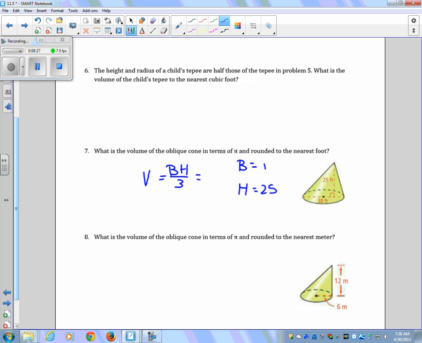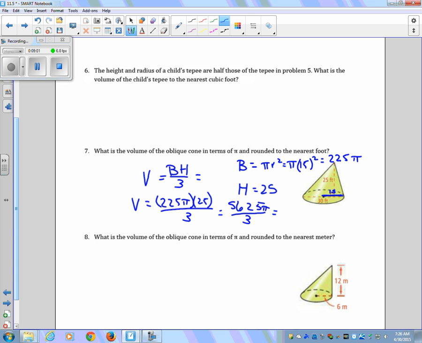Area of the base is pi r squared, which is pi times, looks like radius is 15, which is 225 pi. So volume is going to be 225 pi times 25. Do that first and then divide it by 3. Don't forget. 225 times 25 is 5625 pi over 3.